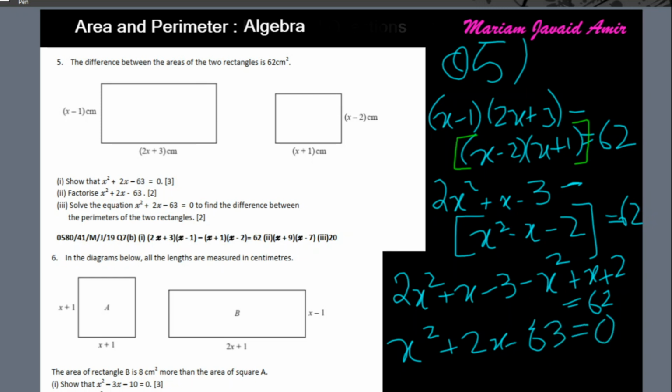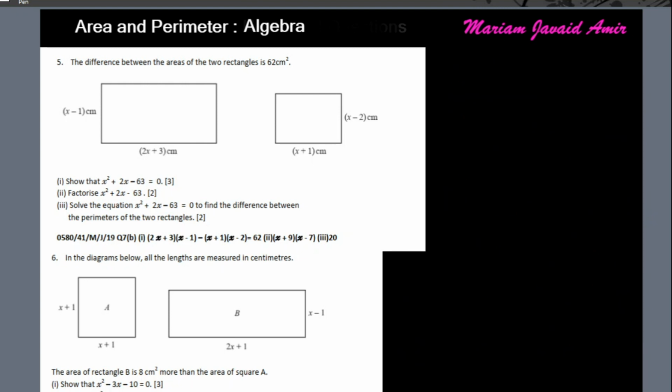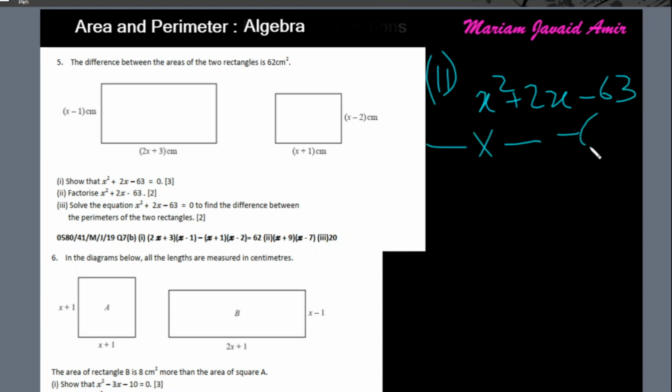Alright, in part 2 we have to factorize x square plus 2x minus 63. So we're looking for two numbers which when multiplied should give minus 63, and which when added should give 2.